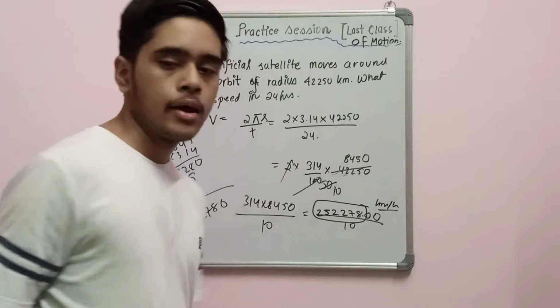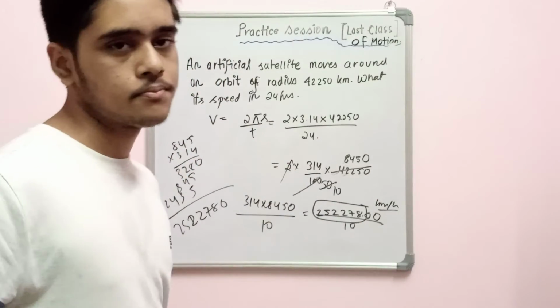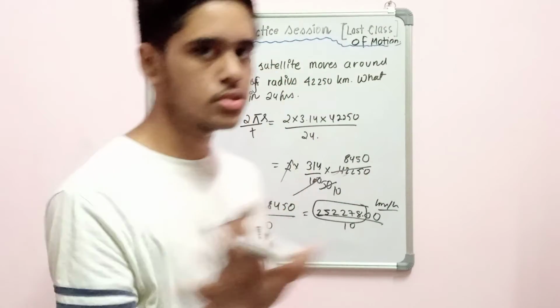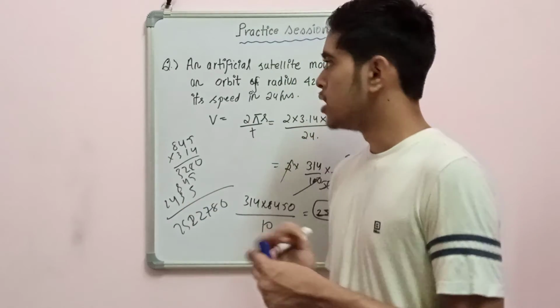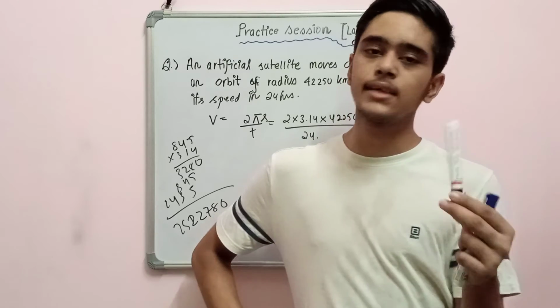But kilometer per hour should not be the unit of this, because a geostationary satellite, or an artificial satellite, travels at very high speed. That means it covers more distance in less time.